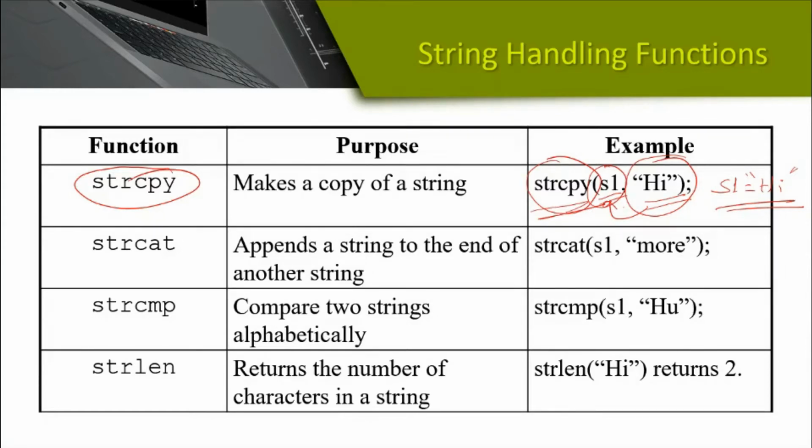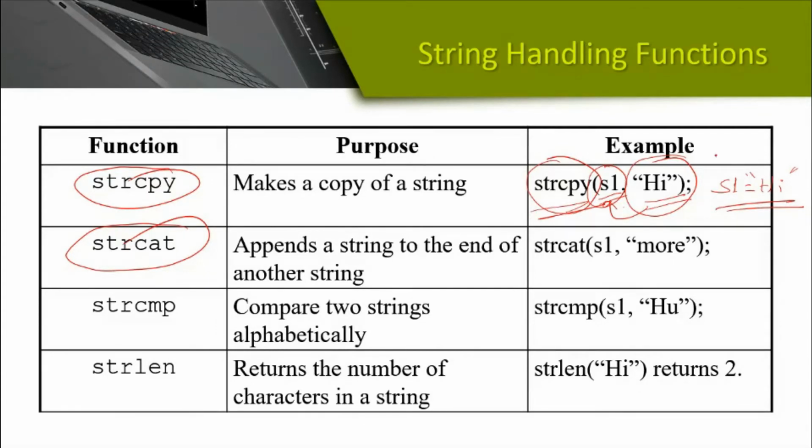Then there is another function, that is strcat, which stands for string concatenation. The string concatenation, or strcat, appends a string to the end of another string. That is, if we have two strings and we want to merge them together such that they will act as a single string.